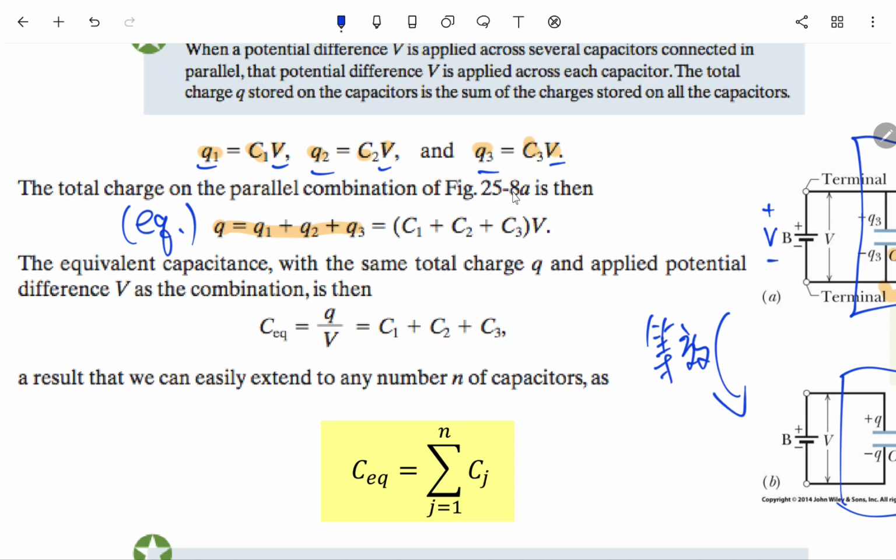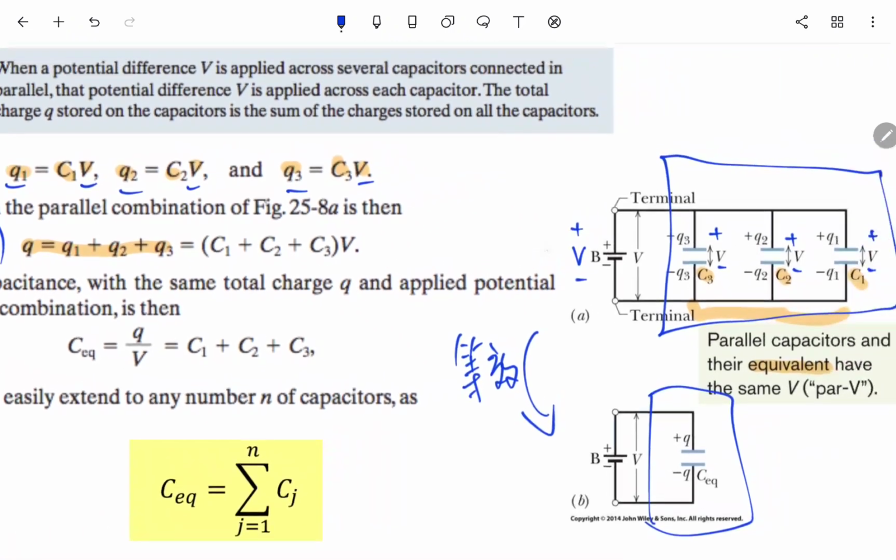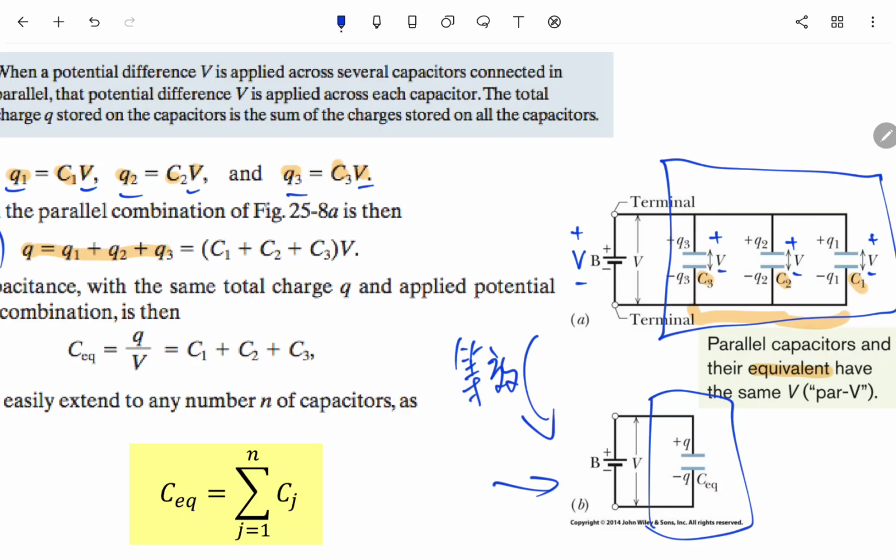So we have C1 plus C2 plus C3 in the parentheses, all multiplied by V. Okay, so Q equals C1 plus C2 plus C3 times V. And for this one, we can simply write Q equals C_EQ times V. Okay, the V will be the same.